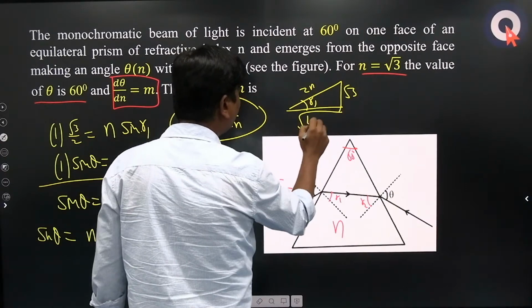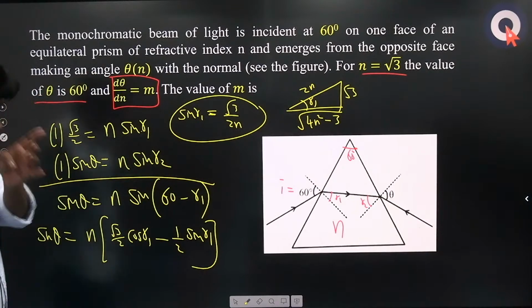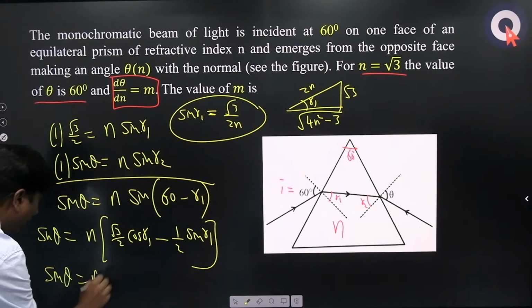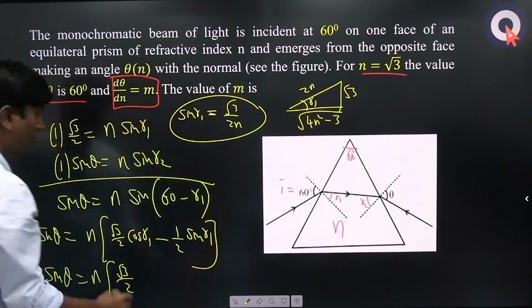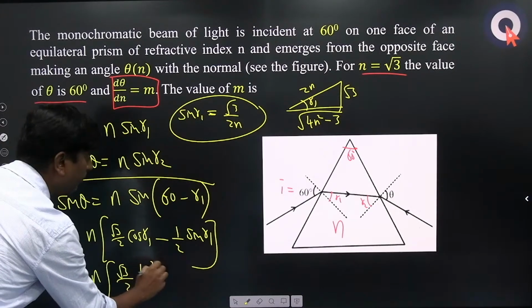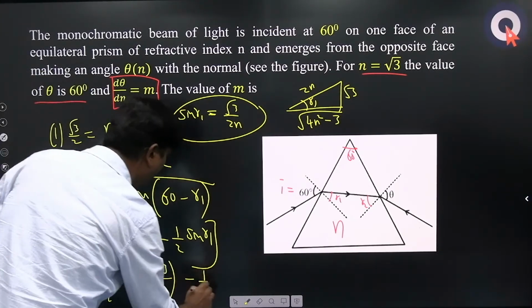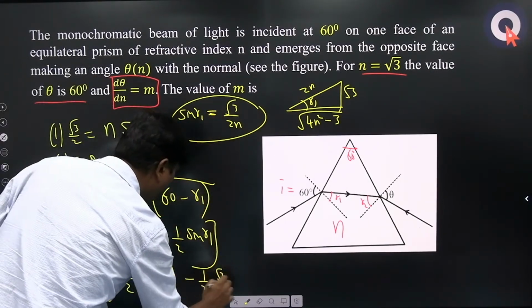So cos of R1 will be root of 4n square minus 3 by 2n. Correct? So the same thing you substitute here. Sin theta is equal to n times root 3 by 2 into cos of R1, which is root of 4n square minus 3 by 2n, minus half into sin of R1, which is root 3 by 2n.